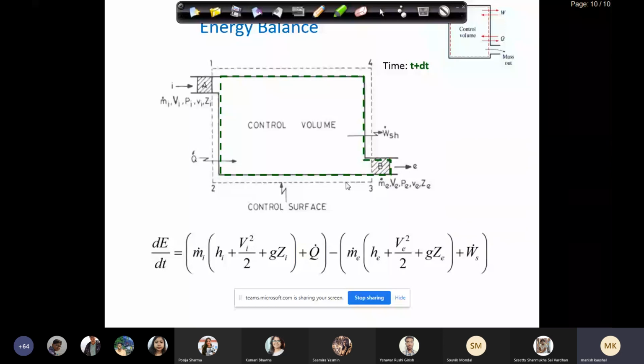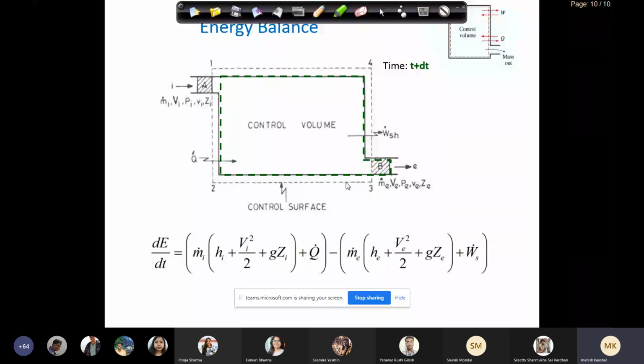So can you tell me, for a control mass which is constant, at time t and time t plus dt, does the shape of the red boundary and green boundary also remain constant? No, it is changing, right? It has to change because you are trying to apply the principles for control mass.